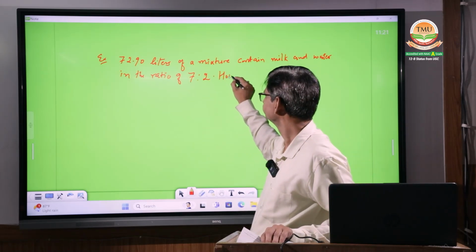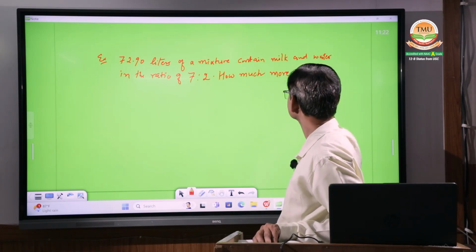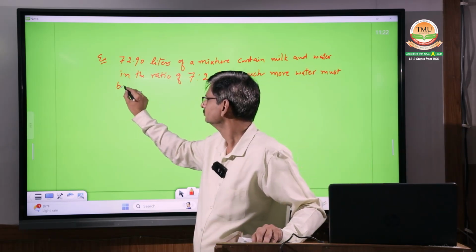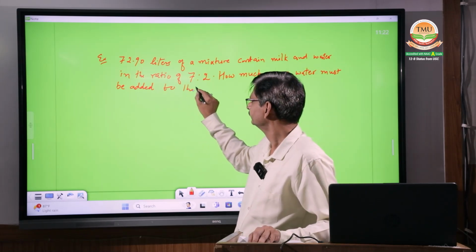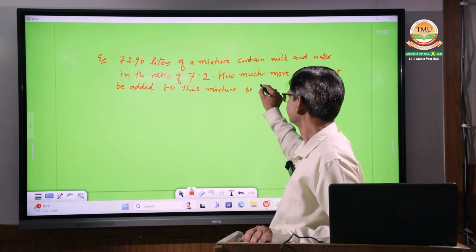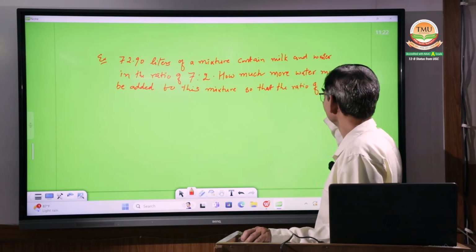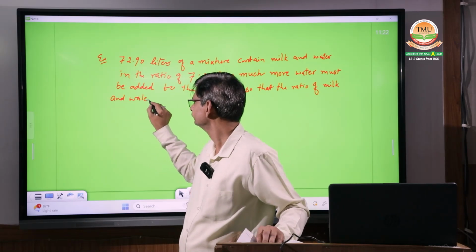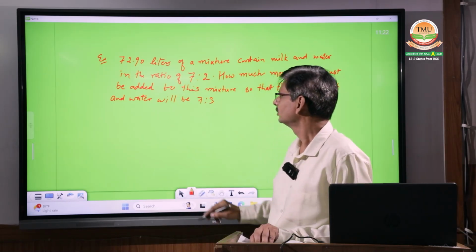How much more water must be added to this mixture so that the ratio of milk and water will be 7:3? This is the question.